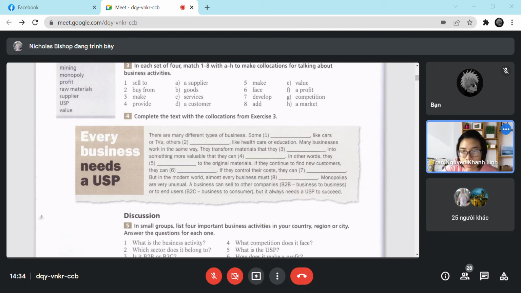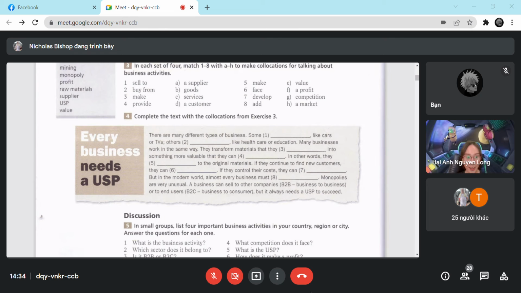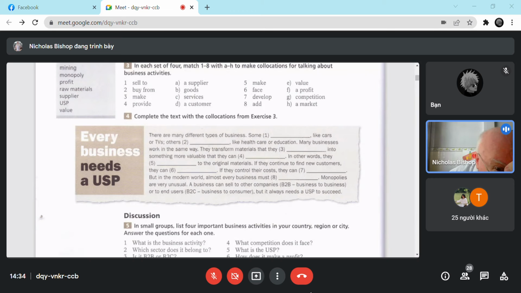I think that they transform materials that they add value into something more valuable that they can make a profit.